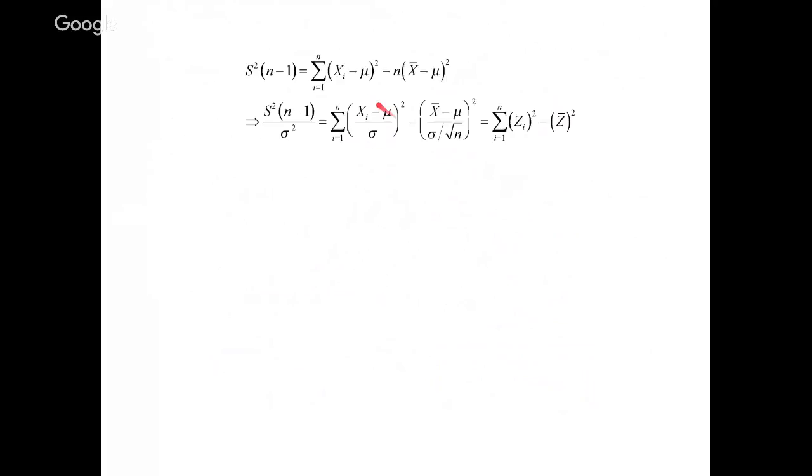Likewise, if we look at this, what is this? This is the random variable for every sample. And we can assume, if the underlying wild population is normally distributed, then this random variable xi is going to be normal, with a mean of the population mean and a standard deviation of the population standard deviation.